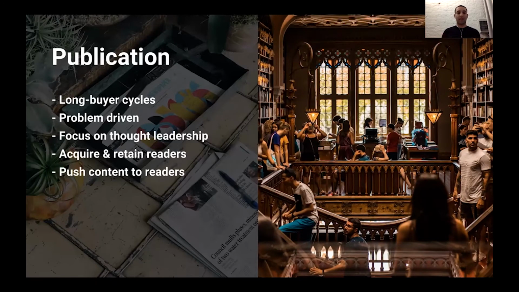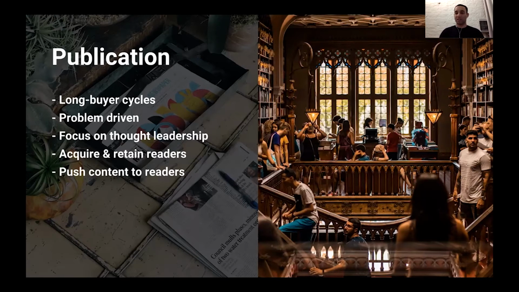So where you have longer buying cycles, for example, then a publication approach works quite well so that you can build a relationship with your buyer. Typically, it's problem driven. So someone has a problem, they're not sure what the solution is, and they're going to be looking for possible ways to solve the problem that they have. Publication thinking ties very nicely with thought leadership and brand marketing as well.